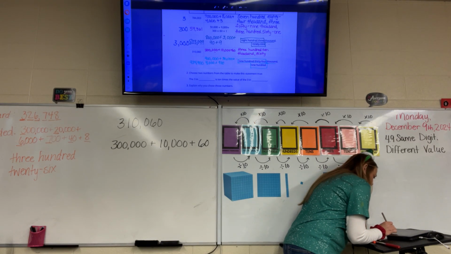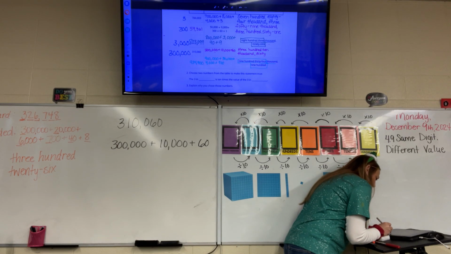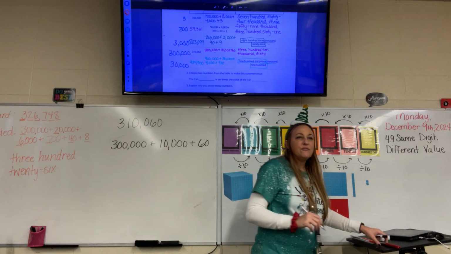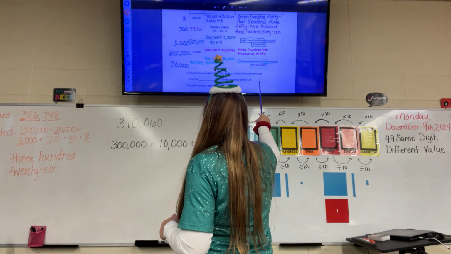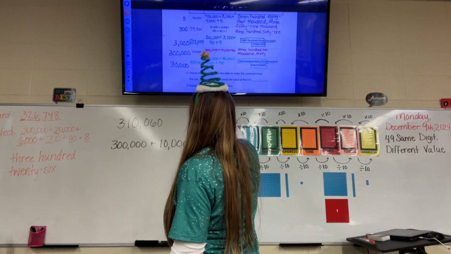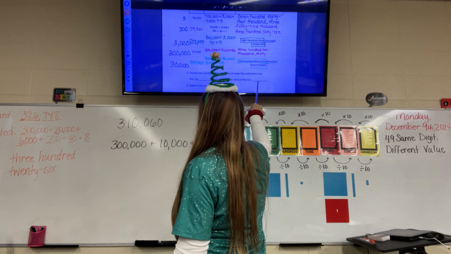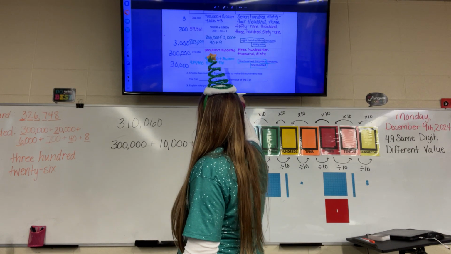The next 3 is worth 300,000. And the last 3 is worth 30,000. So they want us to fill in a number here and a number here, with this 3 having one more 0 than this 3, or this 3 being 10 times bigger than this 3.